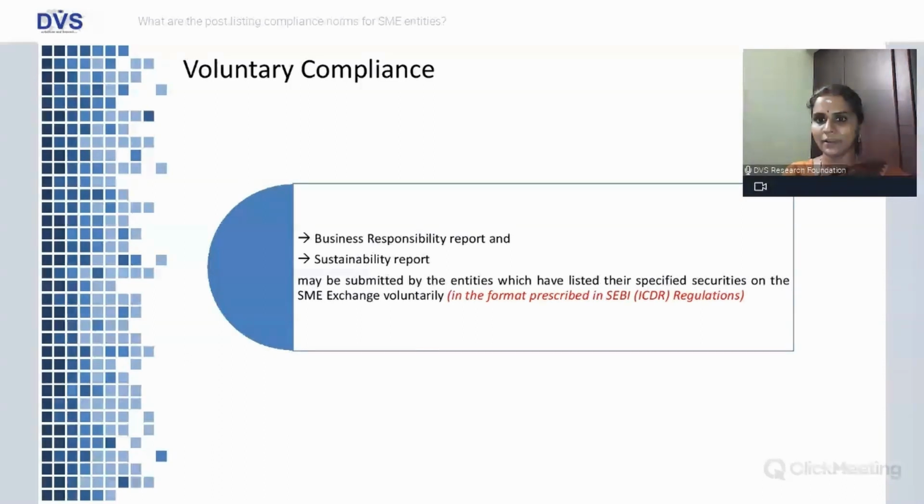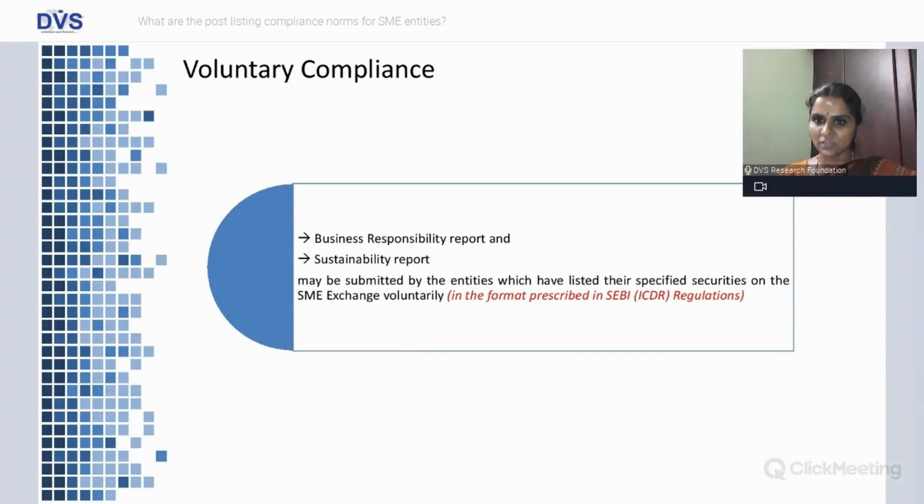Finally, you have voluntary compliances. The business responsibility report, LODR clearly says that for main board, once you reach that 1,000 crore market cap, the listed entities, there it is mandatory. They have provided a clear proviso in this particular regulation stating that for business responsibility report in the case of SME entities, it is a voluntary compliance, which means these companies, if they want to provide such report, they may do so.